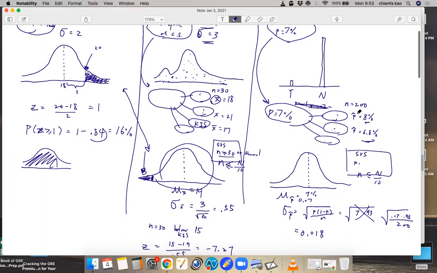P times N, this 200, and 1 minus P times N, they both have to be greater than or equal to 10 in order for this thing to form. Remember, this has to happen, and a normal distribution will form. Okay, well, the review ends here.